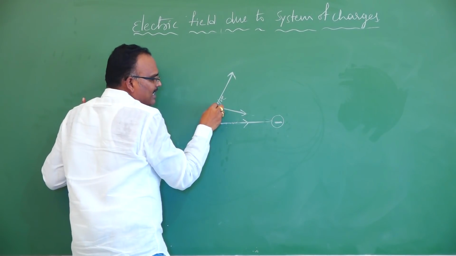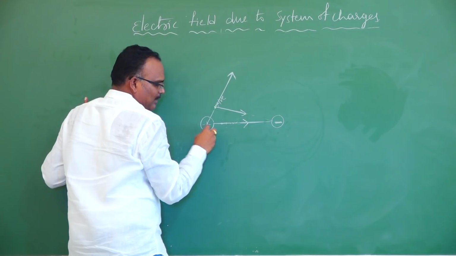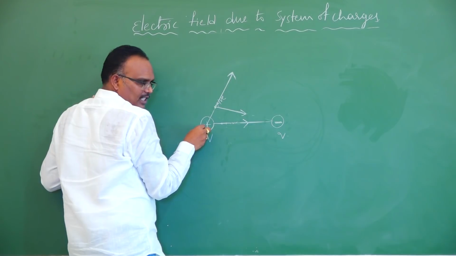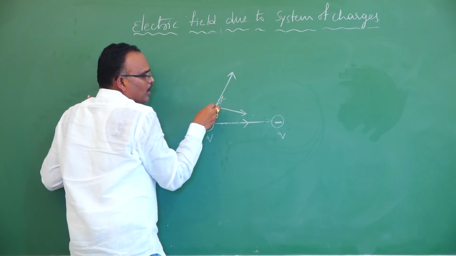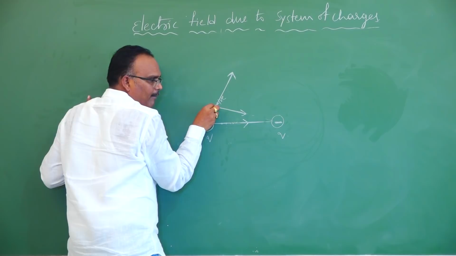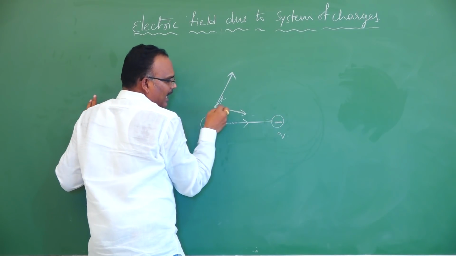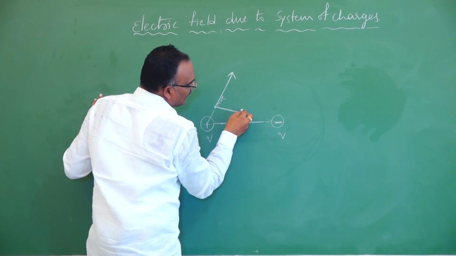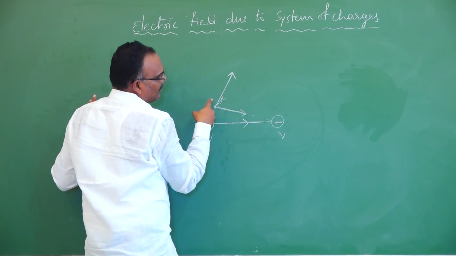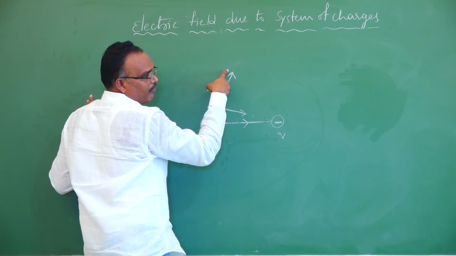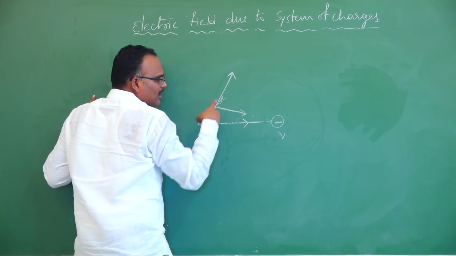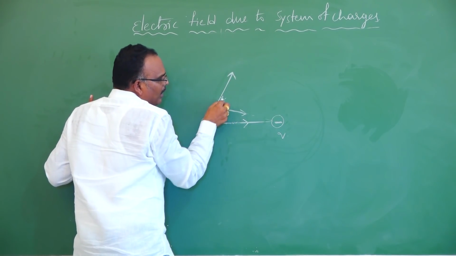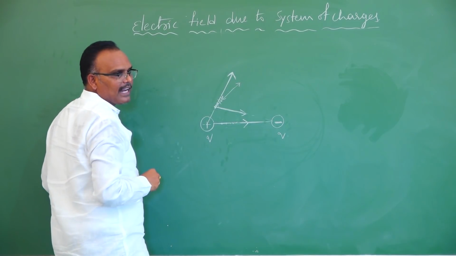See here, I will take this as plus Q and this as minus Q. This point is close to the positive charge, so the positive charge influence will be more. Far away from the negative charge, its influence will be less. That I have shown with the smaller magnitude of vector, and this one with the large magnitude of vector. That means positive charge influence is more, negative charge influence is less. The resultant will be close to this, in this direction.